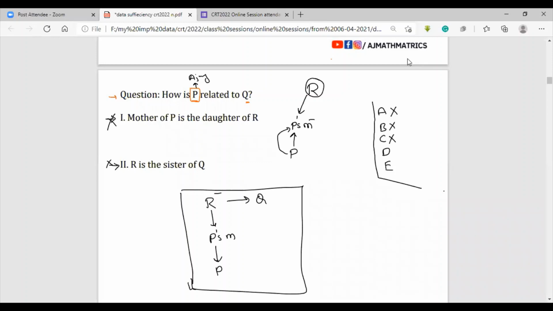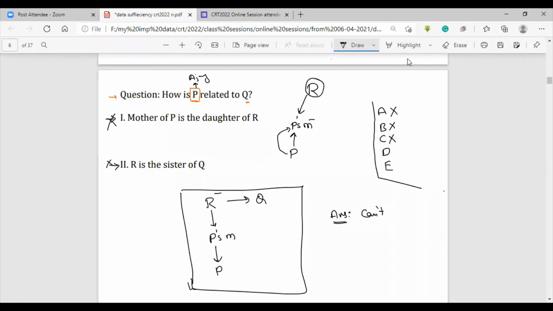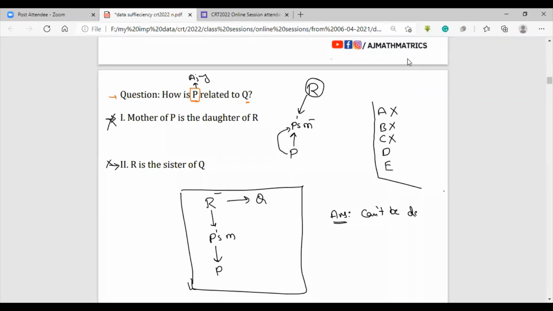Now the answer for the question is can't be determined. It's not grandmother, can't be determined, because we don't know the gender of P. If P is male, then you can say the answer is grandson.